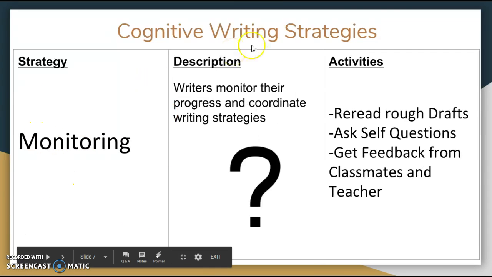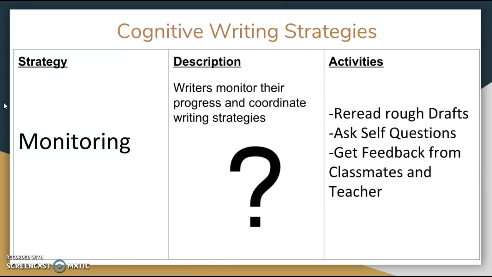Another cognitive writing strategy that we can use in our classroom is monitoring. Students use monitoring to keep track of their progress. They detect any problems that arise and they quickly take action to resolve the problem. This metacognitive strategy is really important because it allows students to regulate the application of other strategies.